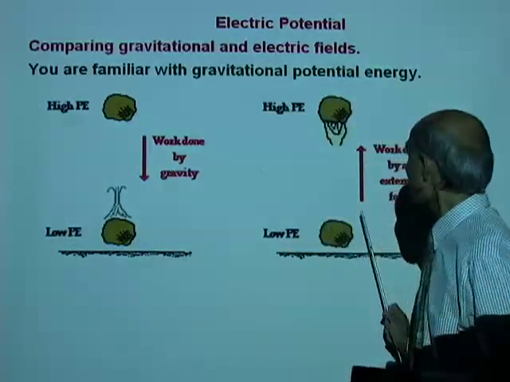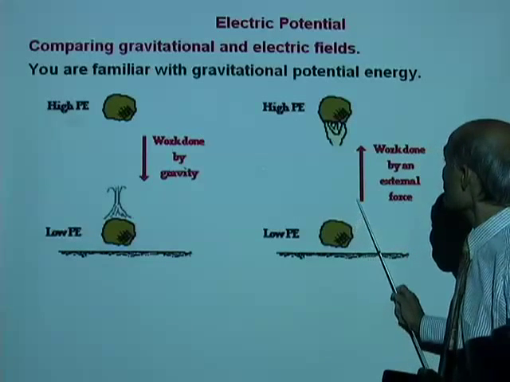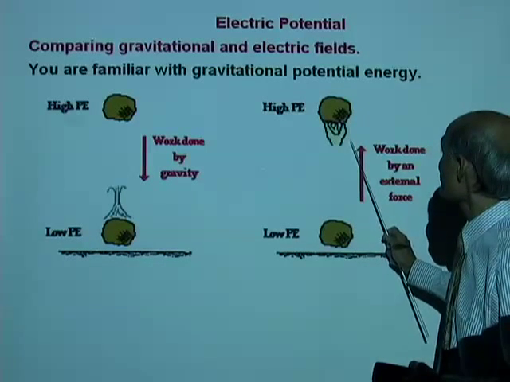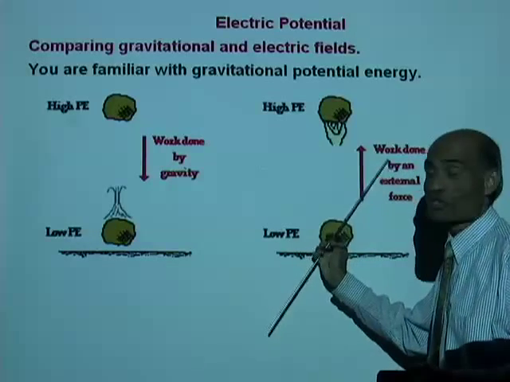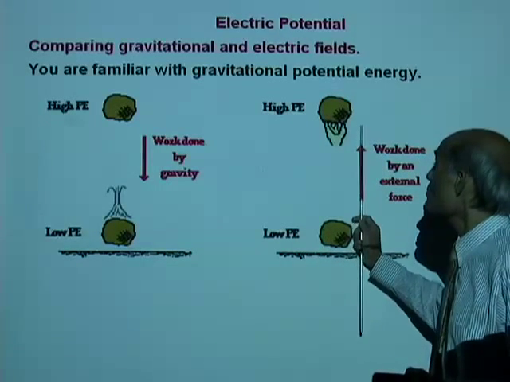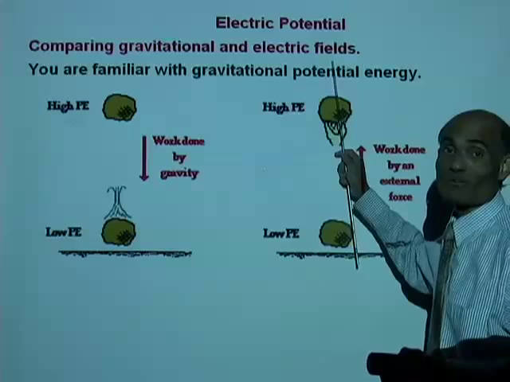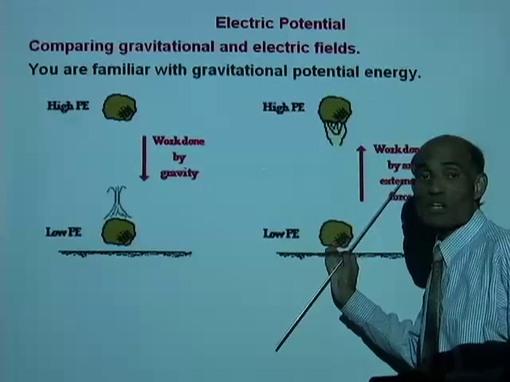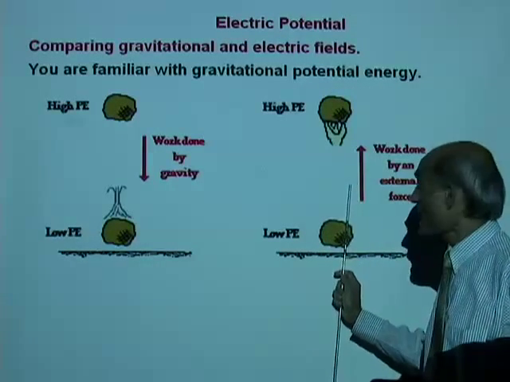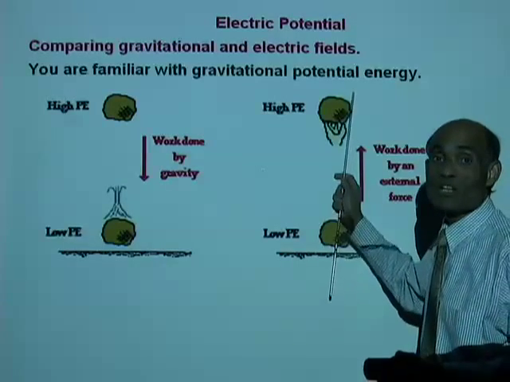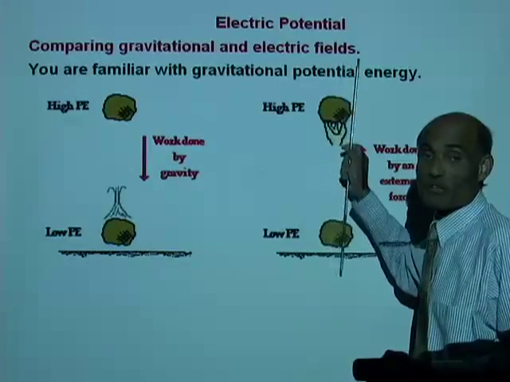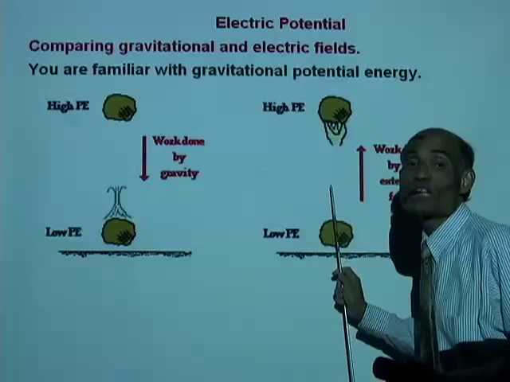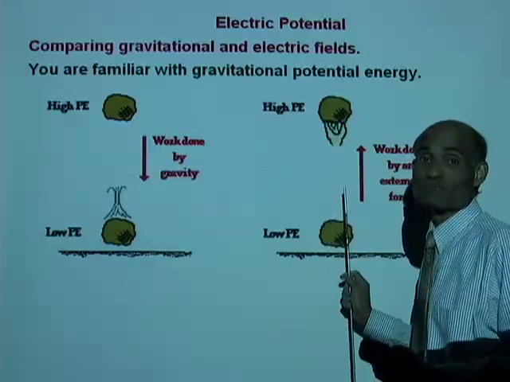Now, if I want to raise an object through a height h, then the force I apply will do external work. When I use the force and that force moves in the upward direction, gravity also applies a force.